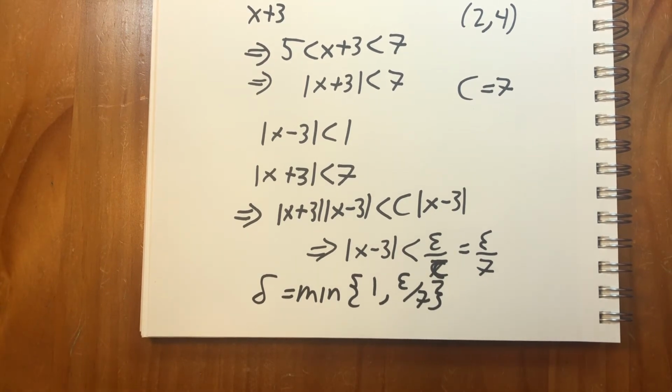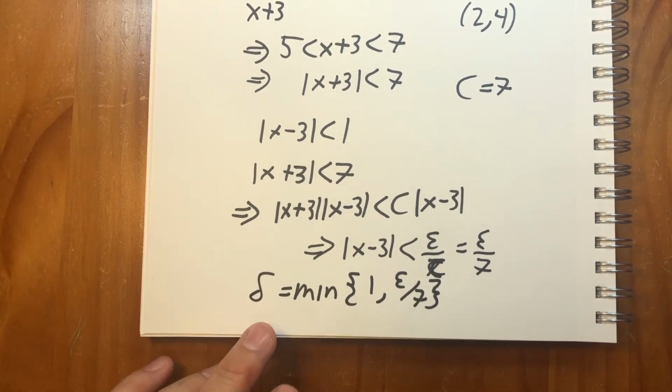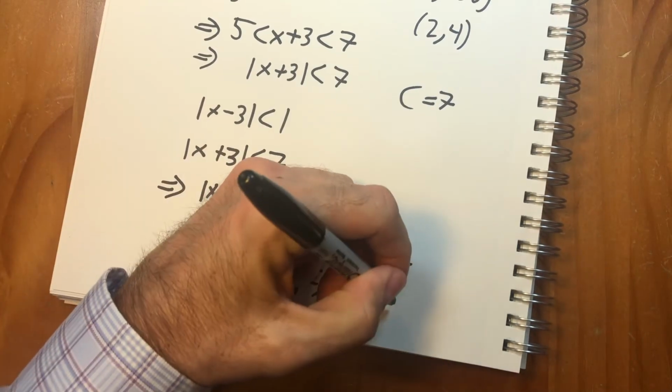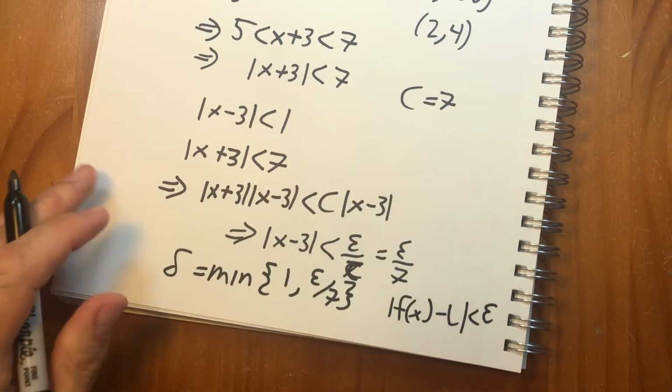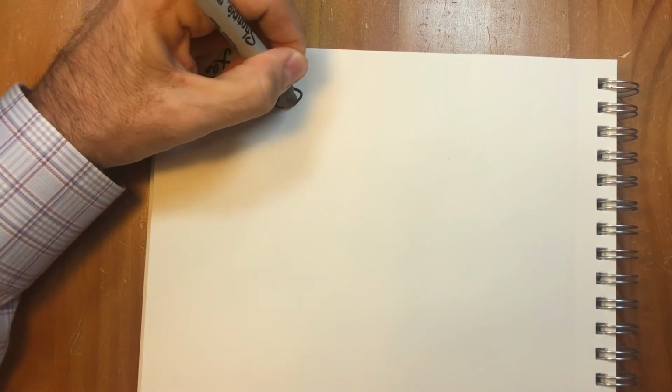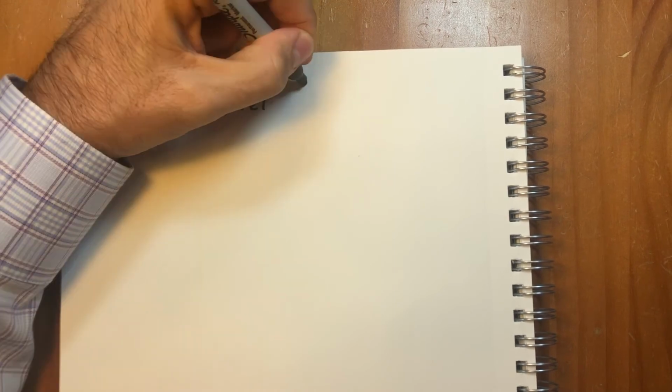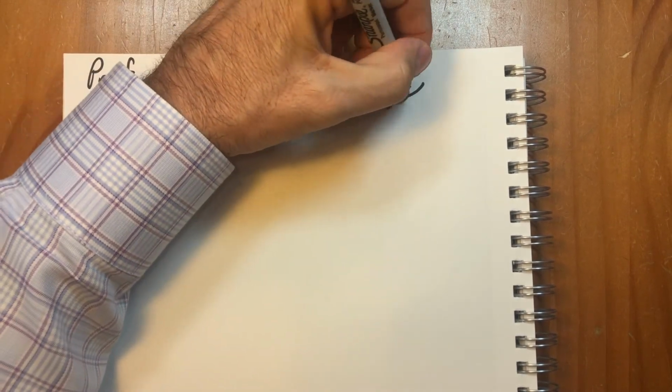Given any epsilon, no matter how small, this rule should give us a delta such that f of x minus L is less than epsilon. Okay, so now we have to prove it. Okay, so we're given that epsilon is greater than 0. Let delta equal min.